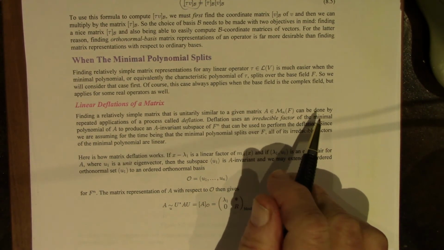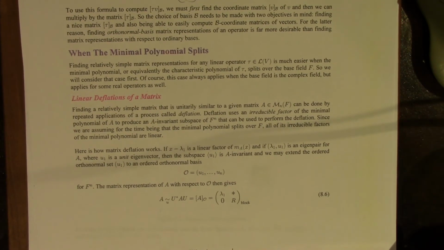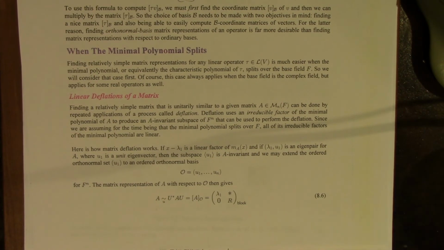This can be done by repeated applications of a process that is sometimes called deflation. You won't see that term very often, but it is in the literature. It's in a very important book on matrix theory by Horn and Johnson, for example. And it's a terrific term. It should be used much more often than it is.